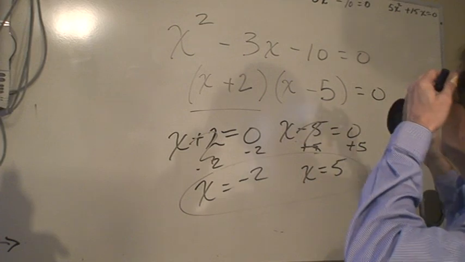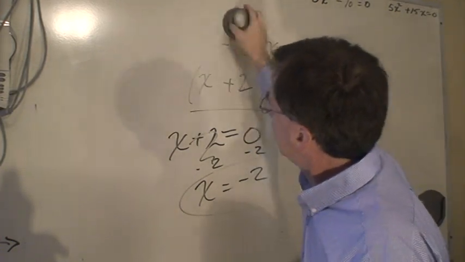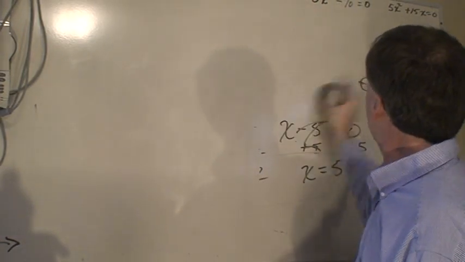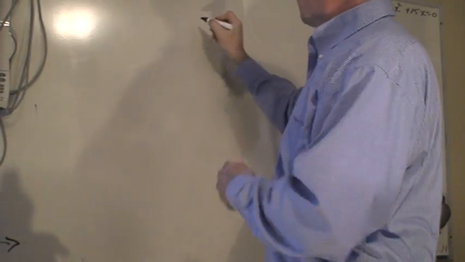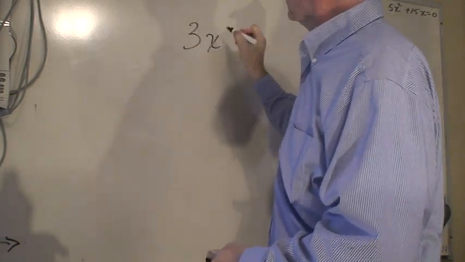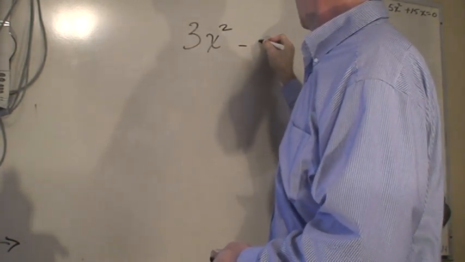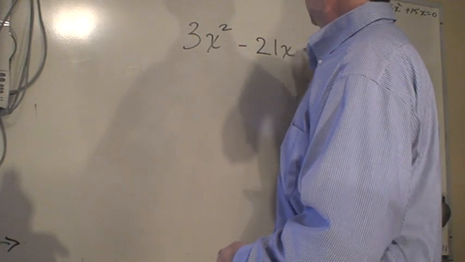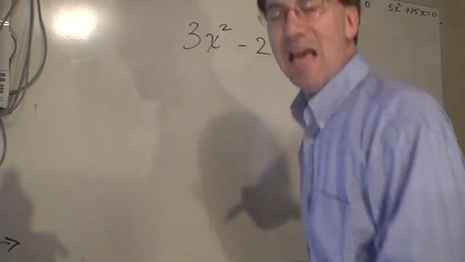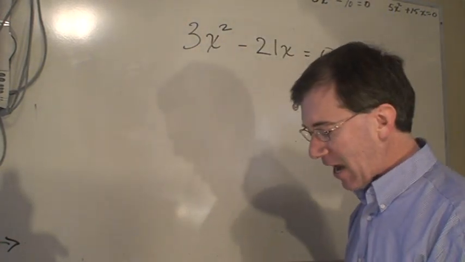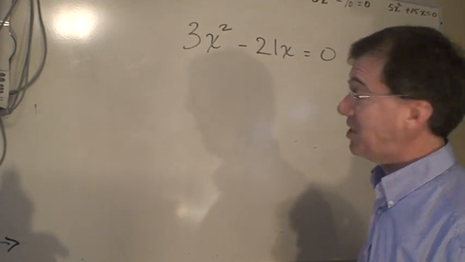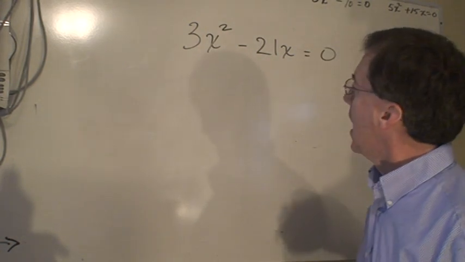Now let's look at a little different situation. Let's say I have 3x squared minus 21x equals 0. Now on this one, I don't have a constant in there, so I need to factor out a common factor.